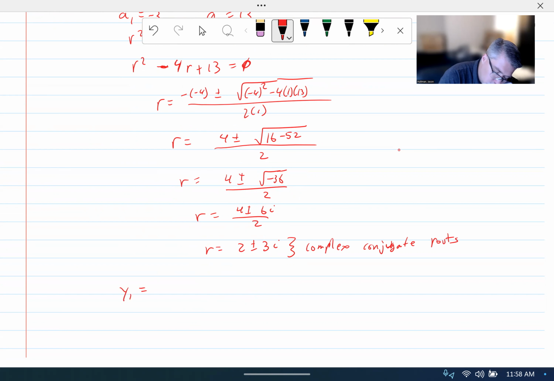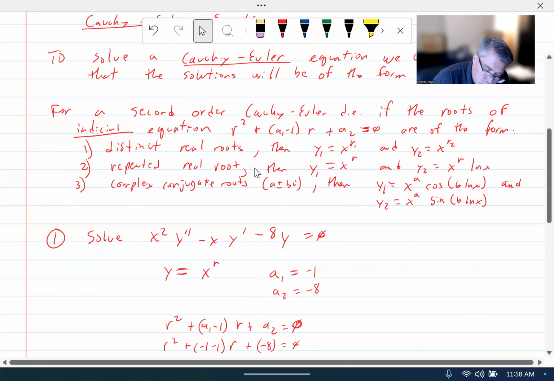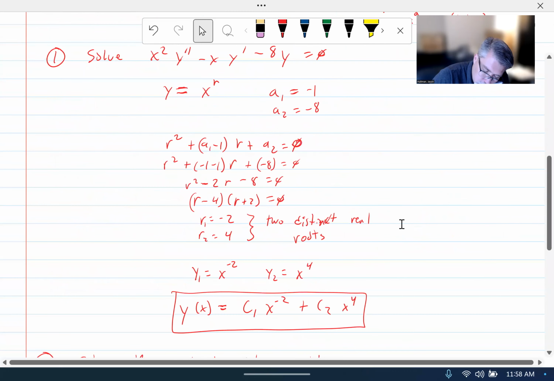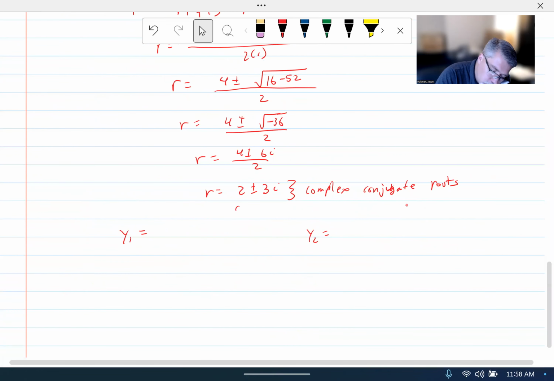Okay, so y1 and y2. Going back to our definition for a second order Cauchy-Euler differential equation, if I have complex roots, that's going to be x to the a cosine of b natural log of x. So what's a and what's b? Well, a is 2 and b is 3.